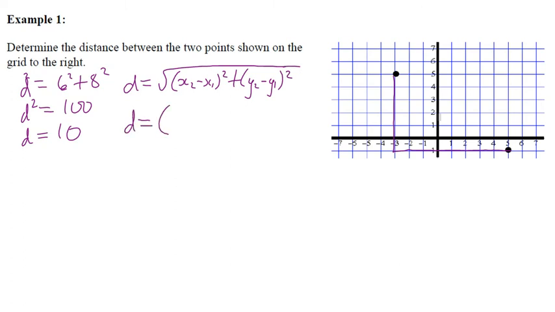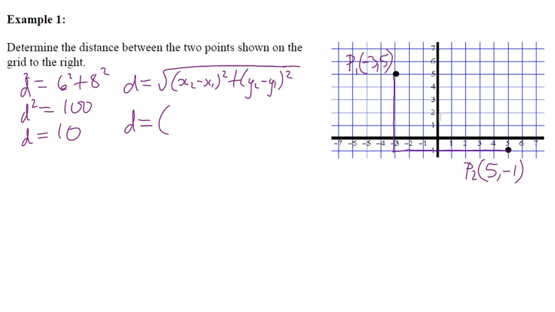Now, if that's the case, then we need to choose one of these points to be point 1 and one of these points to be point 2. What do you want this one to be, point 1 or point 2? Okay, so point 1 is (-3, 5), and that makes point 2 (5, -1).